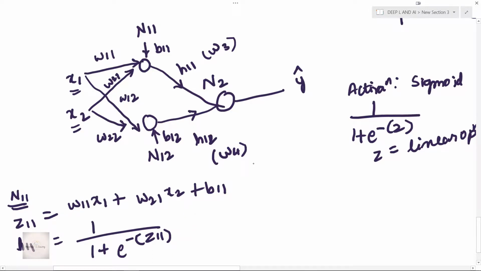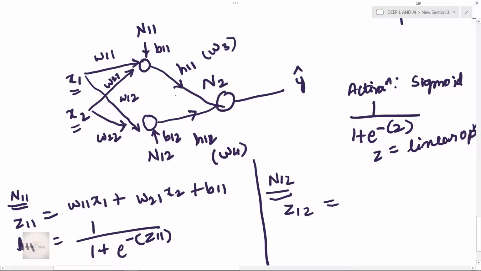Now let me find the value of the output for the n12 neuron. For the n12 neuron, two things take place: the linear operation and the activation. The linear operation is z12.